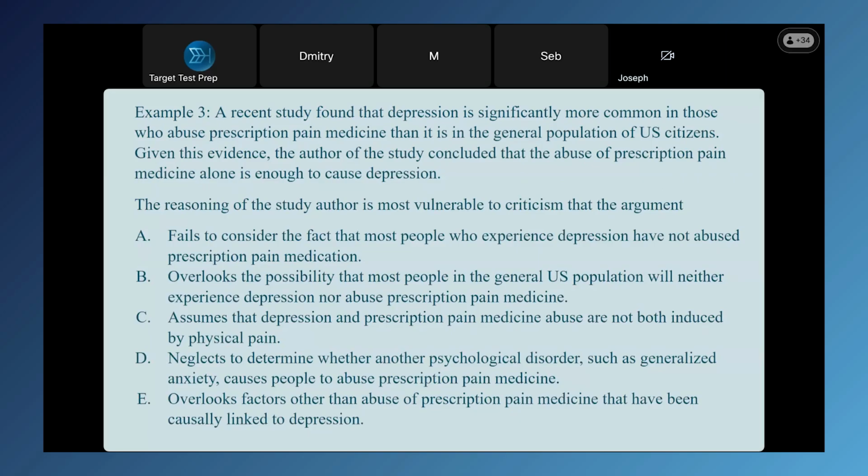Abusing pain medication can still be a sufficient thing to cause depression, even if other things also cause depression, like genetics. Just because genetics causes depression in some people doesn't mean that abusing prescription pain medicine doesn't cause it in the people in this study. Does that help?